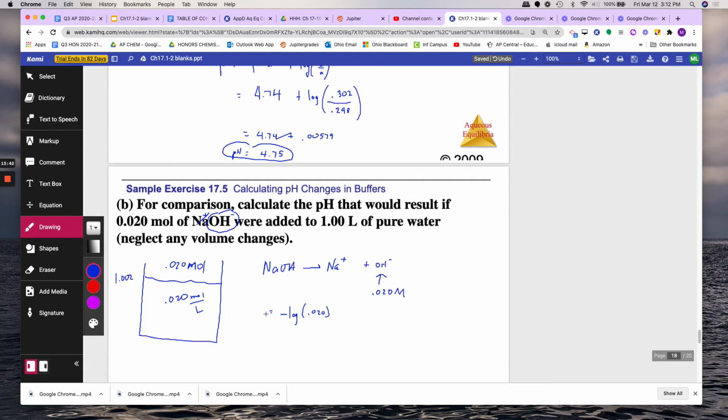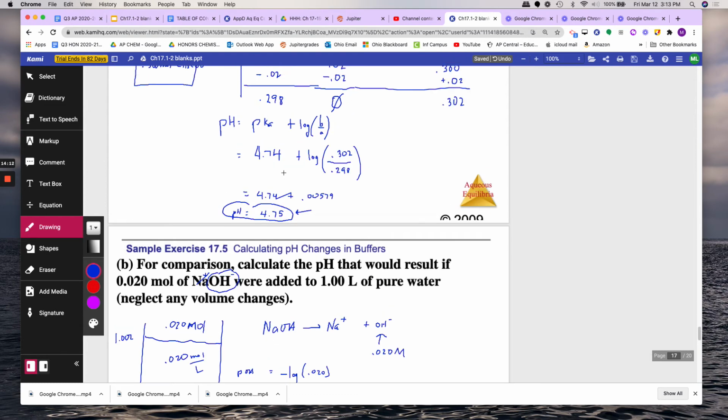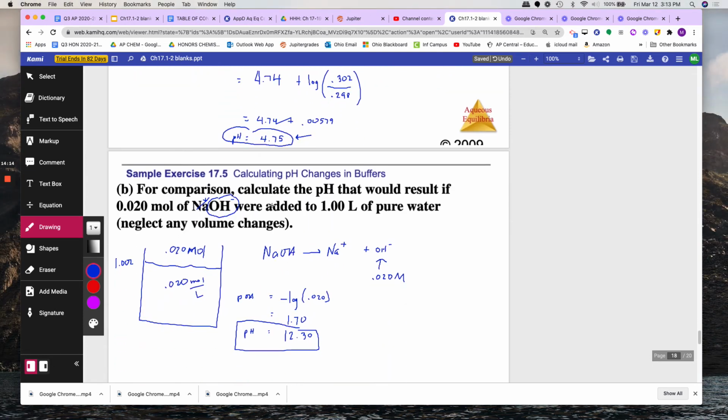That will actually give you pOH equals 1.70. So pOH and pH, subtract that from 14, 12.30. Okay, so if you didn't have a buffer, your pH shoots up to 12. If you have a buffer, your pH stays at 4.75. That is wonderful. Okay, so that's what buffers do.